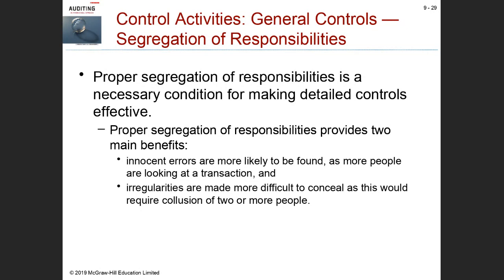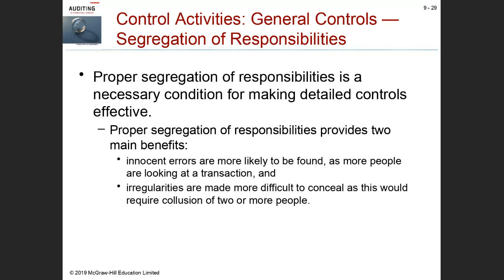Now, of course, there's a cost to having good segregation of duties. If you have several people involved in looking at a transaction, that increases the cost, doesn't it? So quite often in small business organizations, small businesses, private companies, the segregation of duties is often poor. It's poor because private business owners don't want to invest in more people.